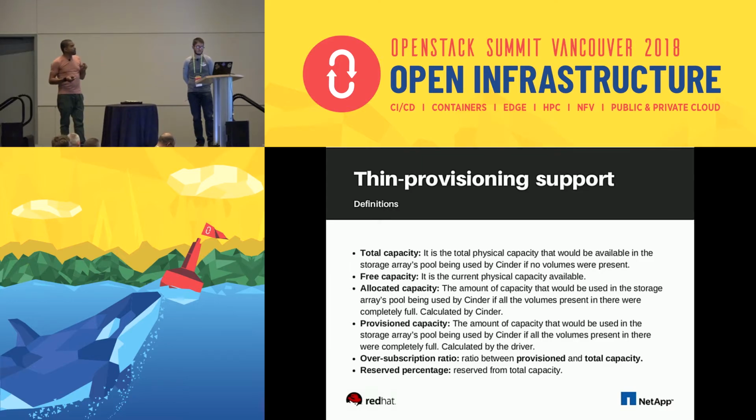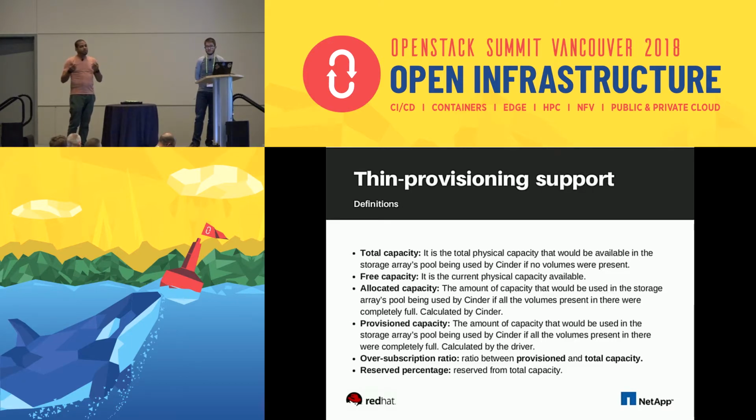The oversubscription ratio is the ratio between the provisioned capacity and the total capacity. So in that example, I have one pool of 1 terabyte, and I have allocated 10 volumes of 100 gigabytes, so my oversubscription ratio is 1, because I have 1 terabyte of volumes in a 1 terabyte pool.